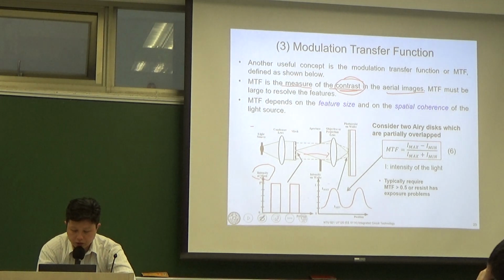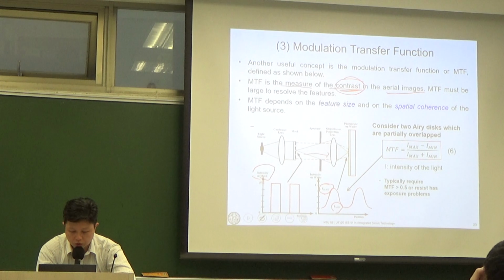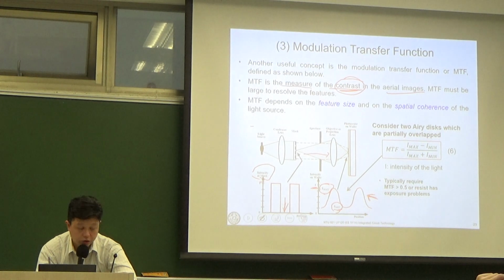You have maxima and minima. The maxima will not equal 1, and the minima will not be 0. There's a certain light intensity in between. And this pattern is not desirable. We don't want this to happen, because there's a certain area that should not be exposed.